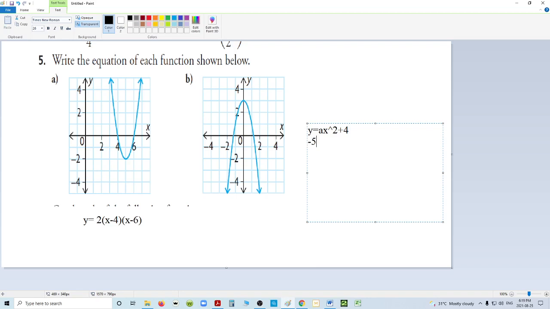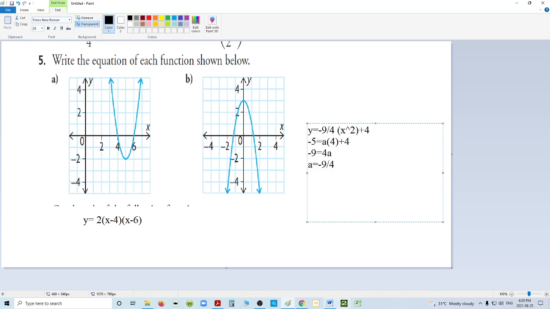So when y is minus 5, x appears to be 2. So 2 squared is that, plus 4. So I'm going to get minus 9 is equal to 4a. Therefore, a is equal to minus 9 over 4. And that's probably somewhat accurate. So minus 9 over 4, x squared plus 4.